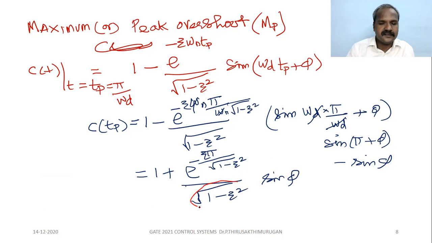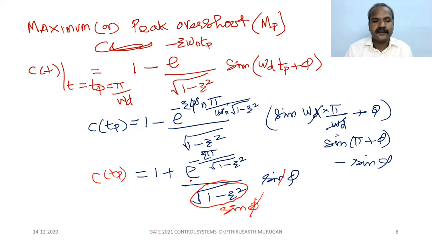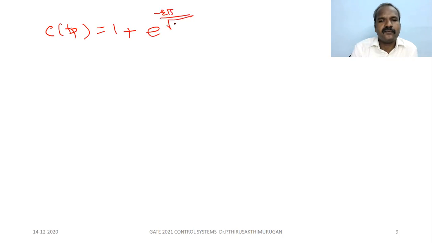So sine phi cancels. So C of Tp equal to 1 plus e to the power minus zeta pi divided by square root of 1 minus zeta square. Okay.